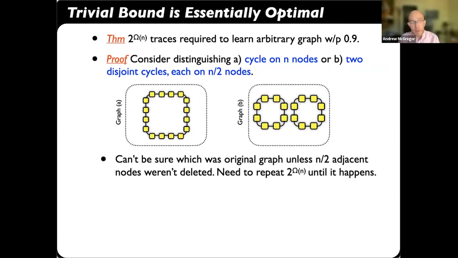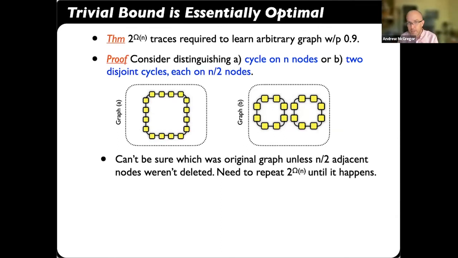Now, because each node is deleted with probability of half, it's not hard to argue that you need to repeat this an exponential in n number of times until you see that sequence of n over 2 adjacent nodes not deleted.